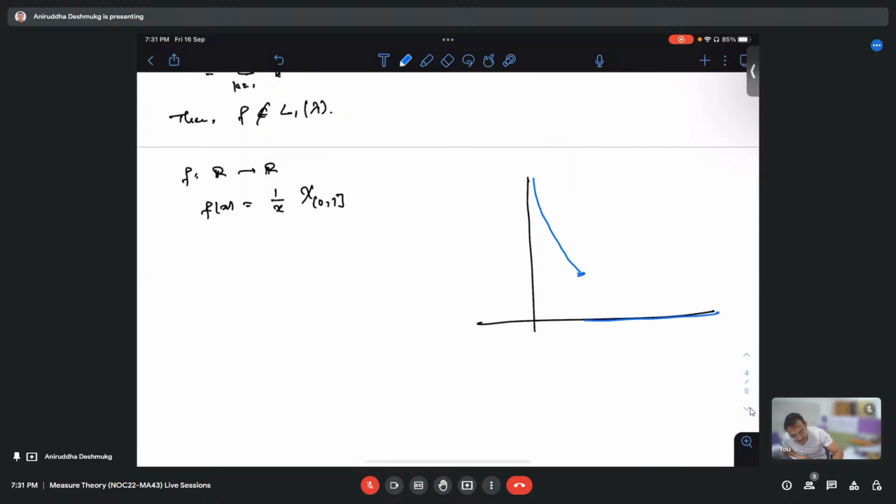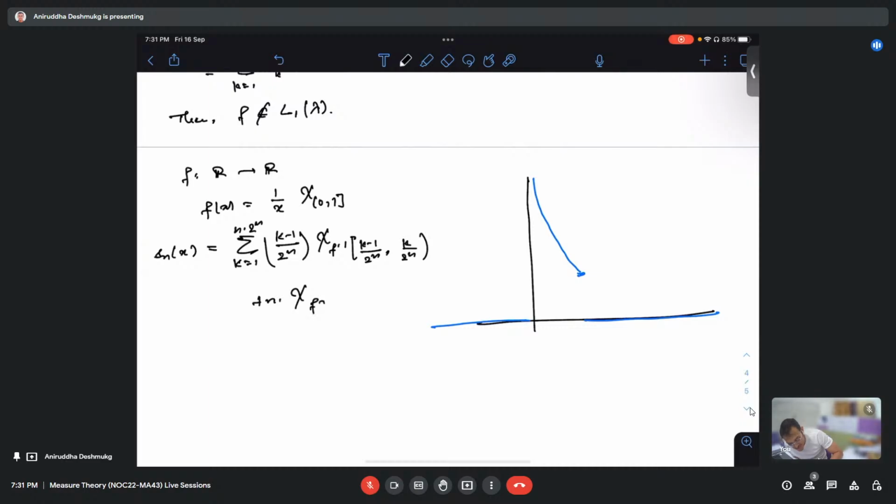Everywhere else it is 0. In this case, what is Sn(x)? The sum over k from 1 to n into 2 to the power n of k minus 1 by 2 to the power n, chi of the pre-image of these sets k by 2 to the power n, plus n times chi of the pre-image of n to plus infinity.